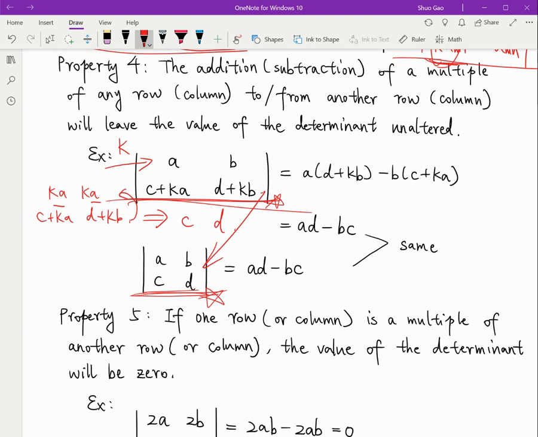Right? And also, when we multiply K times the first row, we don't actually change the first row. We're just using property 4 to simplify the determinant, but we don't actually change the first row. What we want to change is the second row. So the second row will change and be simplified, but the first row is still the same, A, B as before. Okay.